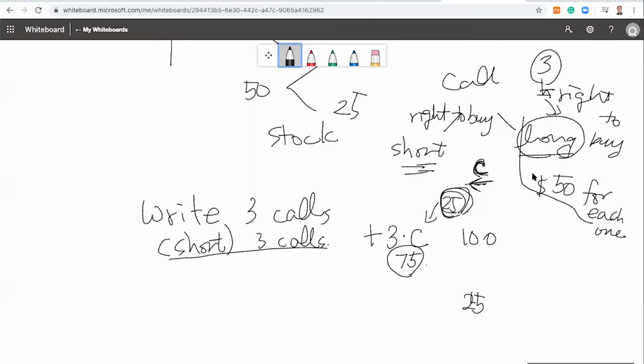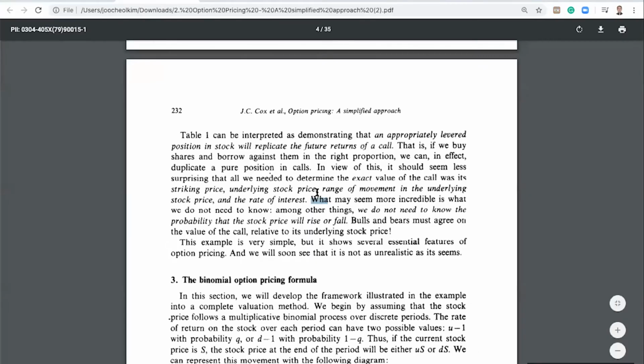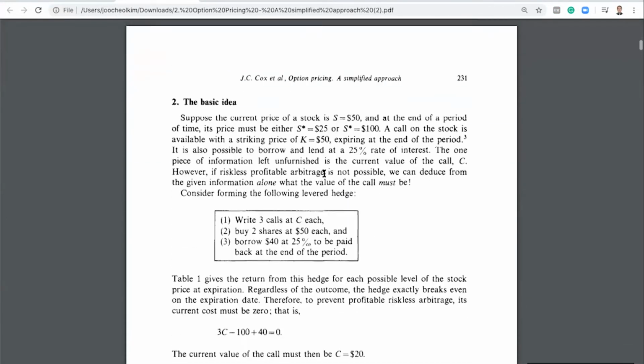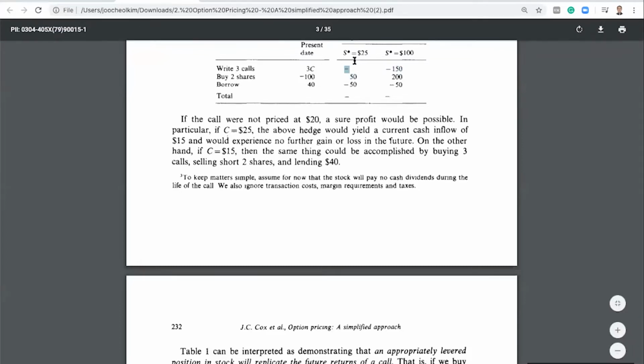So what we have done first is, what if the stock price is 25? If you are in a long position, you will get 25 minus 50 times 0, which is 0. So if you're on the long position side, you will get 0. That means when you are in a short position, you owe $0. So that's why we have 0 here for the $25.